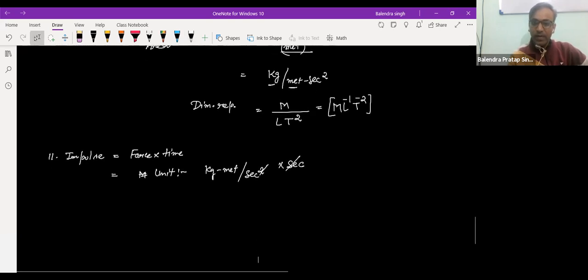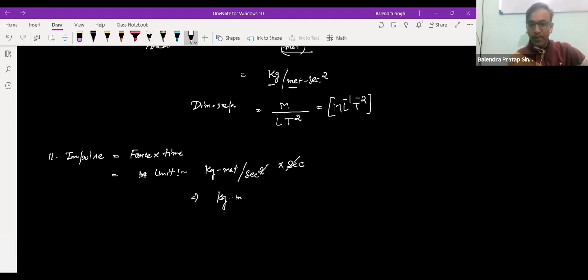The unit of impulse is kilogram meter per second. And what is the dimensional representation?